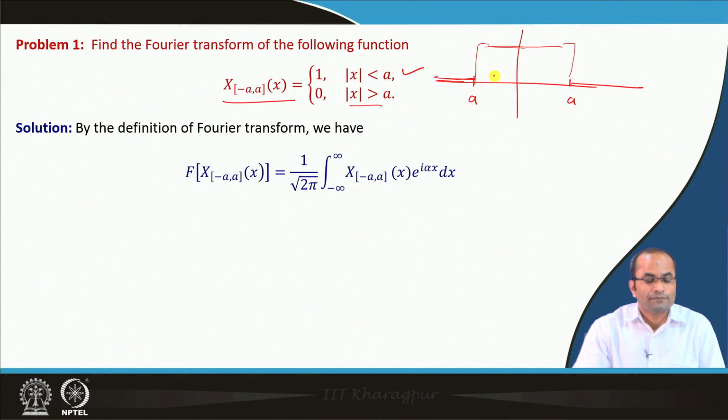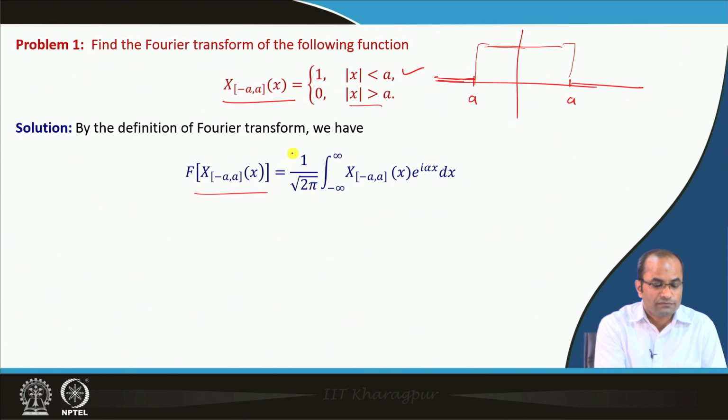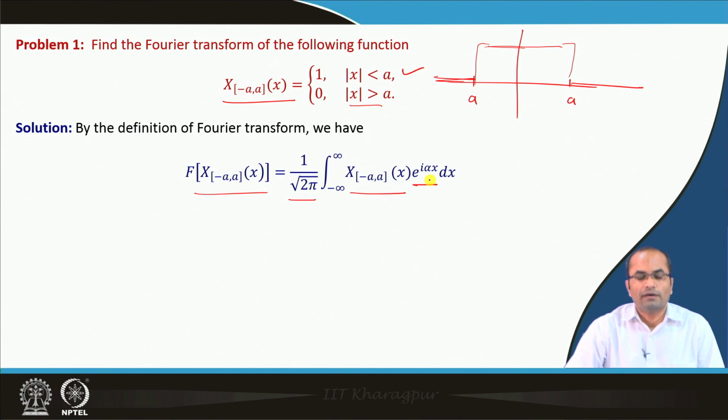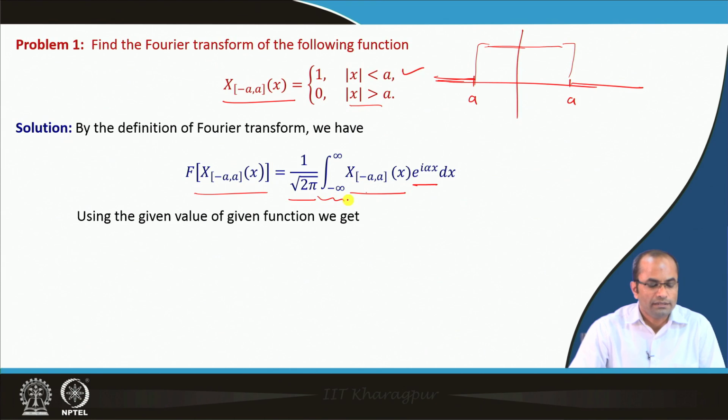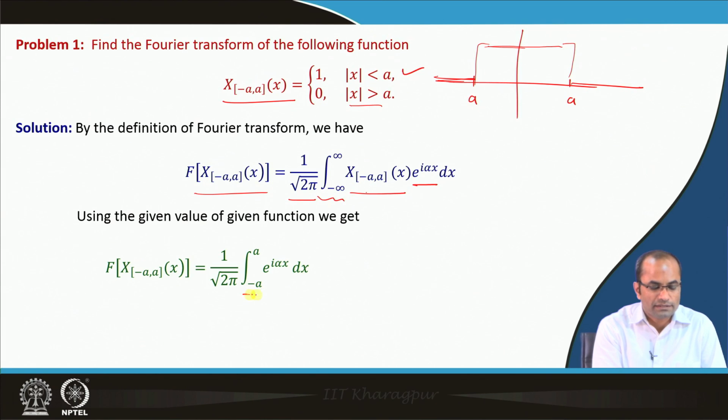With the definition of the Fourier transform we can apply it to this function, which says 1 over square root 2 pi, and this function e power i alpha x. Since this function is defined only between minus a and a, this integral simplifies to minus a to a, and the function value in this region is 1.